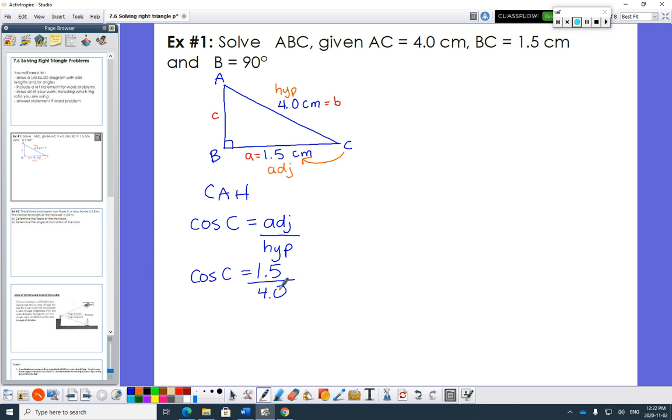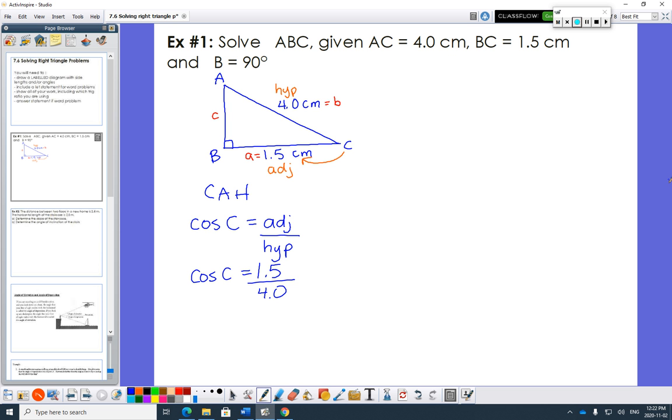We don't need units because the angle does not have units like centimeters. So now, practicing what you did this morning, decide what you like to do. Do you want to do the 1.5 divided by 4? Do you want to leave it all as 1?